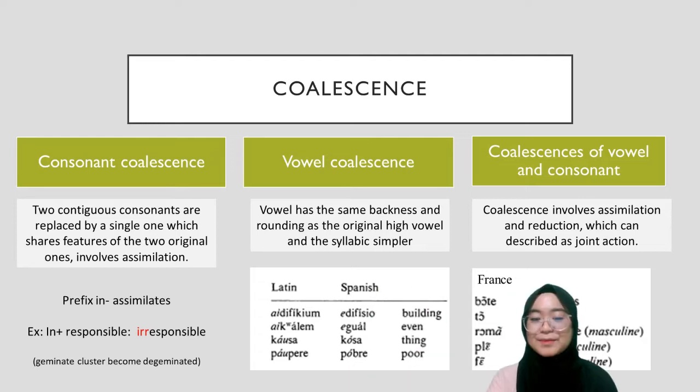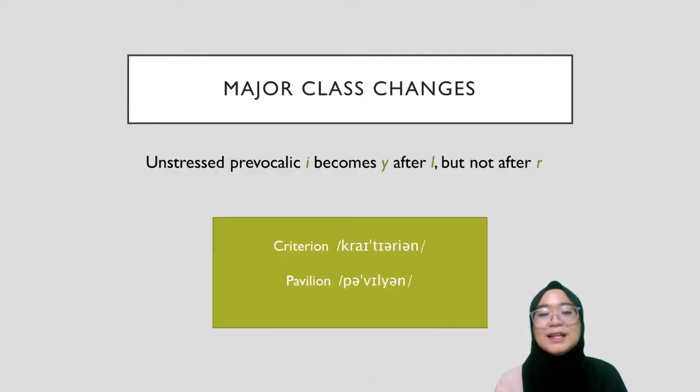Next, we will talk about major class changes. It is the unstressed prefix I becomes Y after L, but not after R. Let's take a look at the example. Criterion, criterion. So the I after R becomes "criterion."